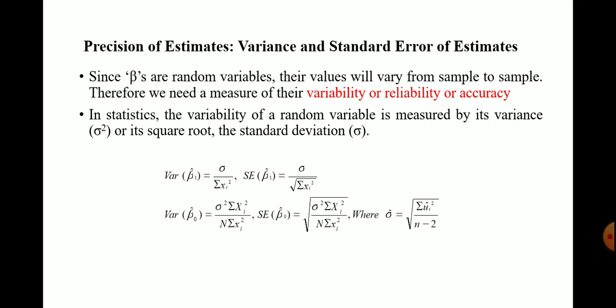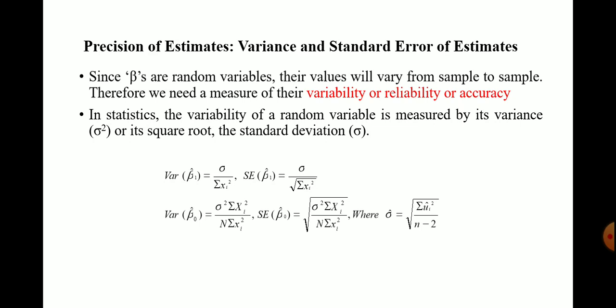Then, when we say the underlying distribution of beta cap 1 and beta cap 2 is normally distributed with some mean and variance, we know that the mean of u is 0, so ui is normally distributed with mean 0 and a variance. The mean of this ui is always equal to 0, but the variance is not 0 but a constant.